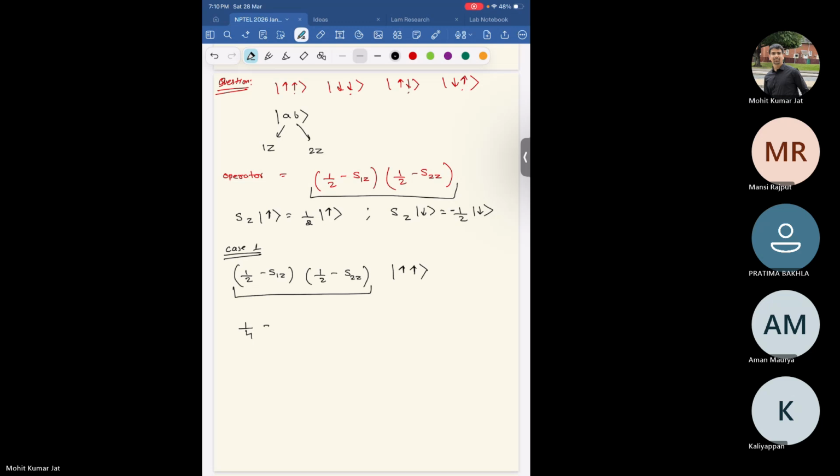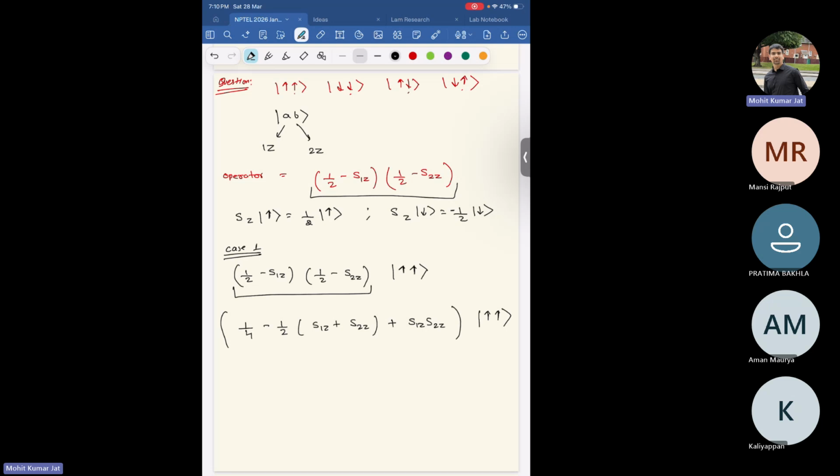And this full work operates on the up spin.